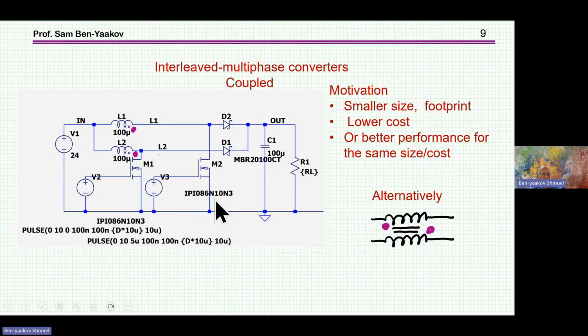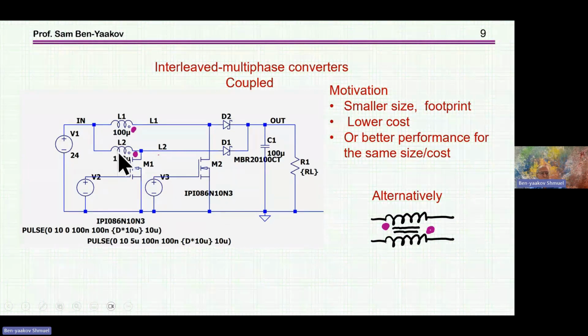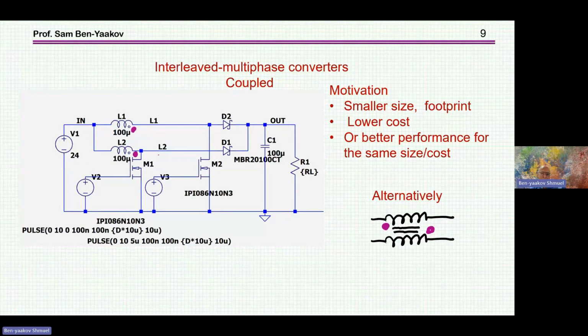So what we have here is two inductors which are wound on the same body, and so they are coupled with a certain coupling coefficient, and the aim here is to have a smaller size, smaller footprint. Obviously, if it's one unit and a smaller size, then it'll be a lower cost. And if it is the same size, then perhaps we can get, or surely we can get, better performance.